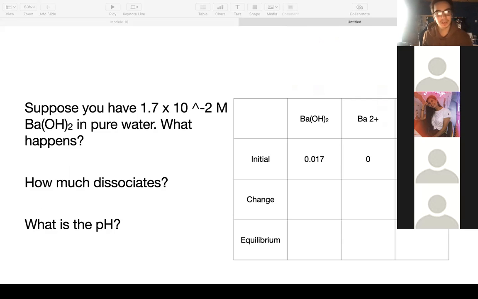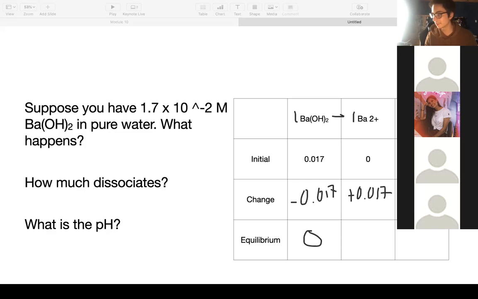So to answer that question, how much will dissociate? All of it will dissociate. So for change, we have negative 0.017. And once we reach equilibrium, we're going to have a final concentration of 0. So we can fill in the rest. So our barium ions will increase by 0.017. Because it is a one-to-one relationship, it's a 1 here, 1, and then 2.